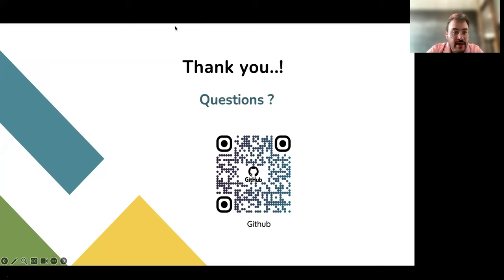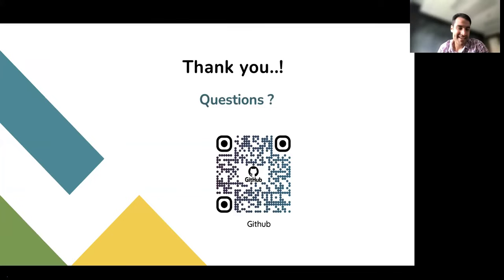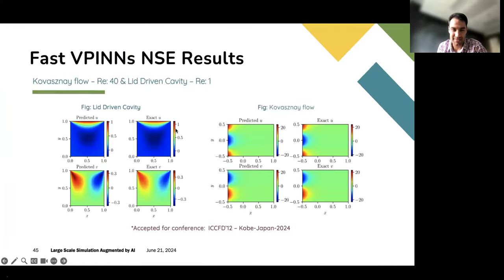In that case, maybe I can ask a question. Exxon can ask a question since it's his work. Yeah, I actually have a few questions. First of all, this is great work, and I'm glad that the issue that we were facing with developing this code is being resolved. I wanted to first ask, what is the version of the hp-VPINN that you're comparing your result with?